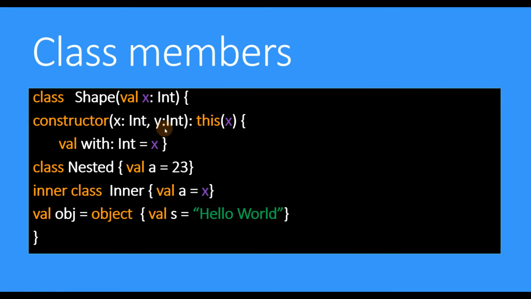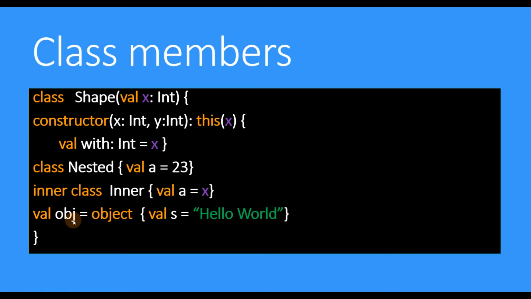A secondary constructor inside of a class creates an overload for the primary constructor, and then there can be nested classes and inner nested classes, which are classes inside of the class. In this case the name of the class is Shape.